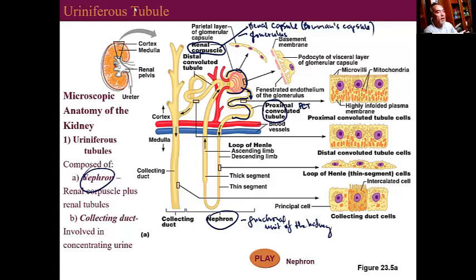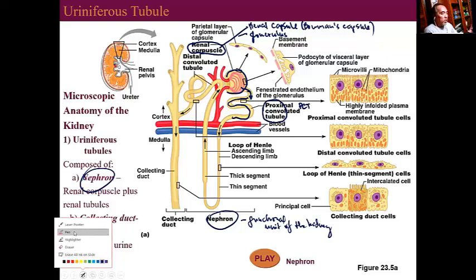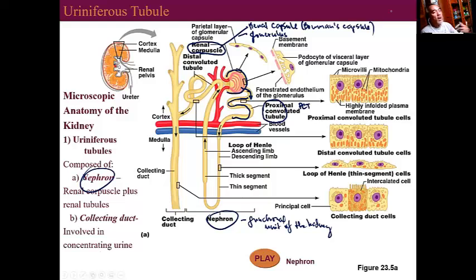All right, so we're back to this part where we're going to be talking about the nephron. So what are the nephrons? The nephron is made out of the Bowman's capsule. Bowman's capsule is like a cup that drains all those microscopic drops of urine. And remember, there's a lot of them.